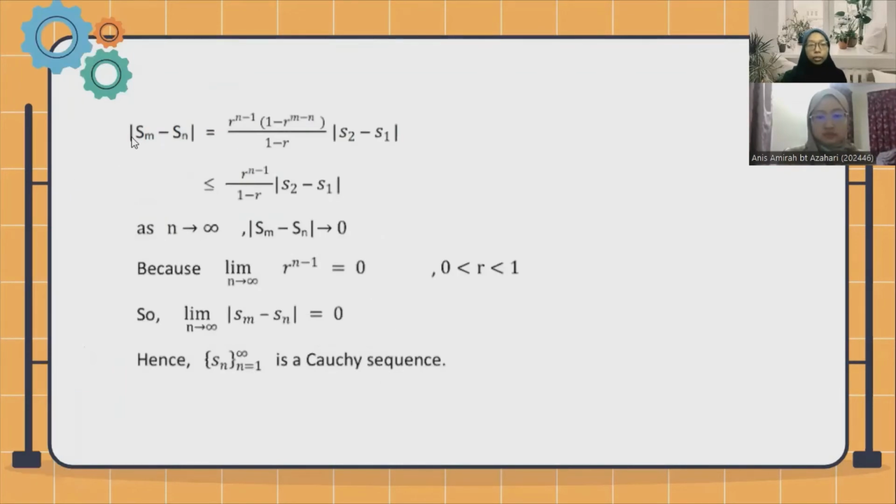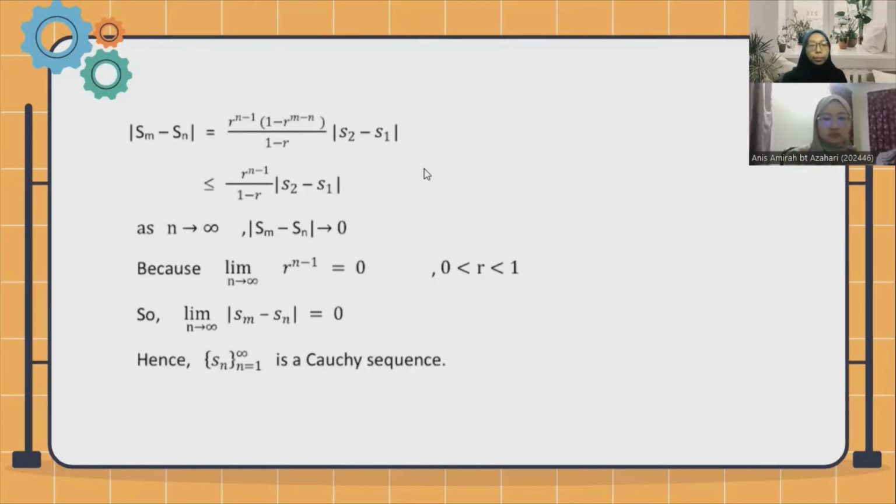So we get |S_m - S_n| equal to r to the power of n minus 1 times (1 minus r to the power of m minus n) over (1 minus r) times |S_2 - S_1|. So this is less than or equal to r to the power of n minus 1 divided by (1 minus r) times |S_2 - S_1|.